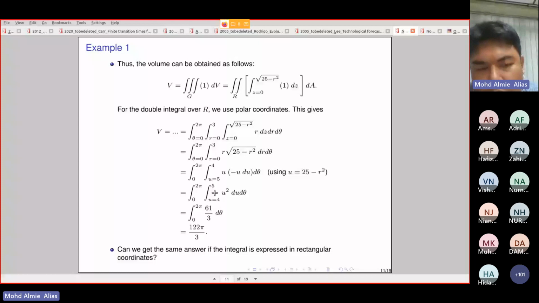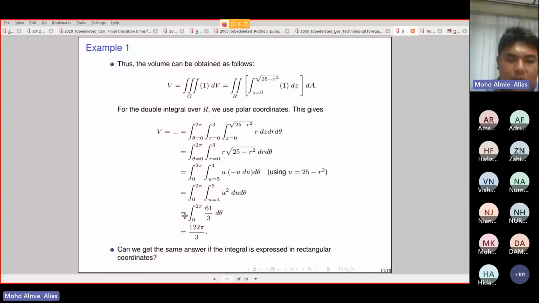Just swap the position, which means that you need to multiply by -1, hence the -1 here. You get this, and this is easy to integrate. You get something like this, and you get this.